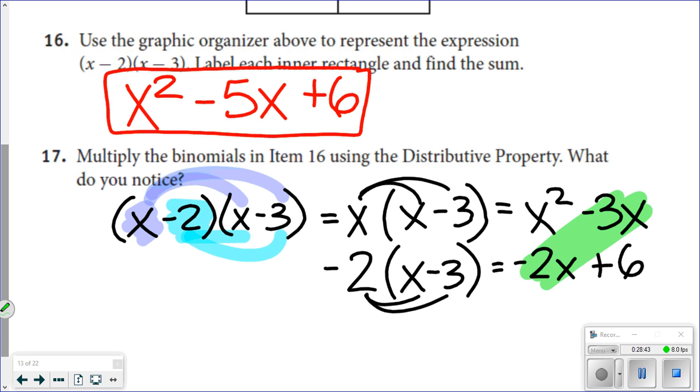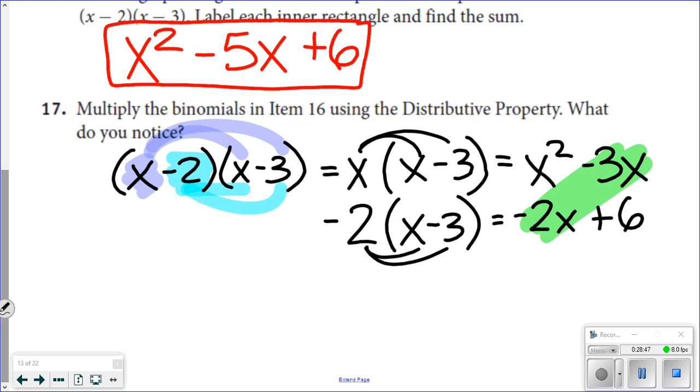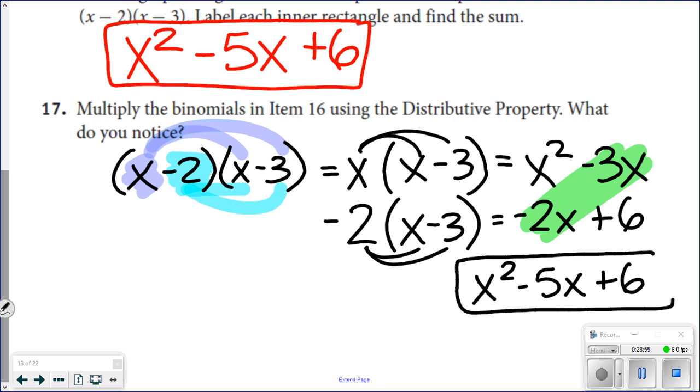So essentially, the distributive property and the box method are the same because when I combine these, we get the exact same answer here. So in the future, going forward, you have a choice whether to use the box method or the distributive property.